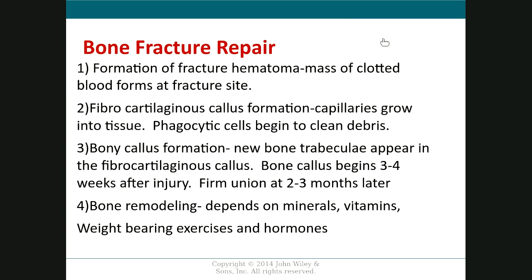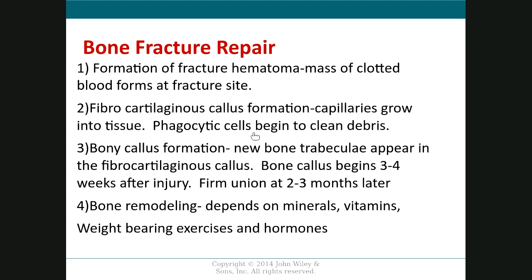So let's talk about bone fracture repair. It follows a specific pattern. Initially, when we fracture a bone, we form what's called a hematoma. Blood rushes to the area, and it produces almost like a mass of clotted blood around the fracture site. That's why it's important after a fracture to immobilize the joint to allow for a fibrocartilaginous callus to form around that hematoma.